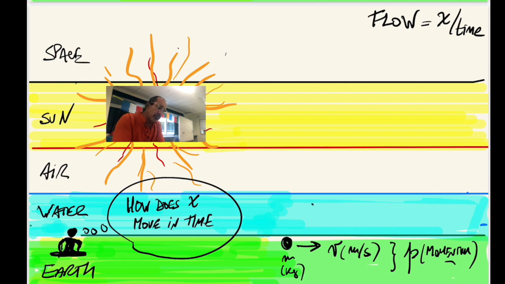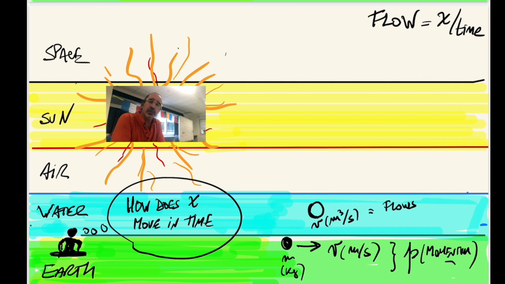What happens with the motion of water? With the motion of water, it's the same thing. An amount of water, let's say a volume of water is moving, and the volume is in cubic meters. So we divide that by time, and we have the amount of water that flows per second, or in a unit of time.